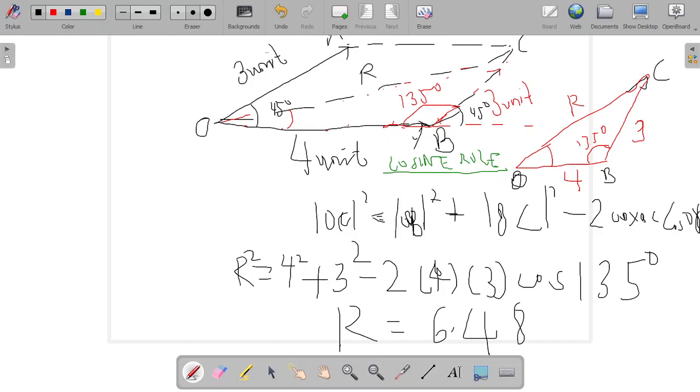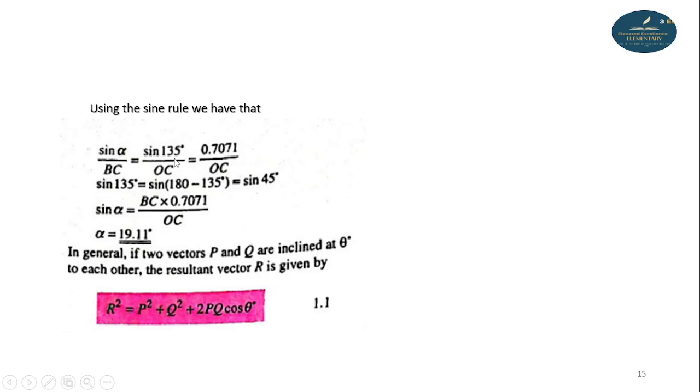So now how do we get the direction? In a parallelogram of vectors, the direction is located here, not this, just this. So let's assume this was the direction. We make use of the sine rule to get the direction. So how do we do that?